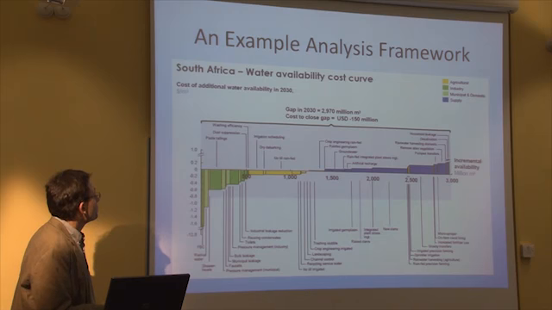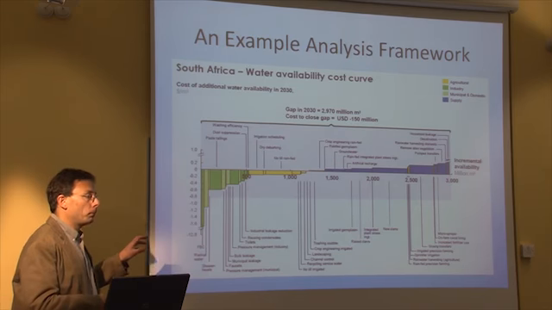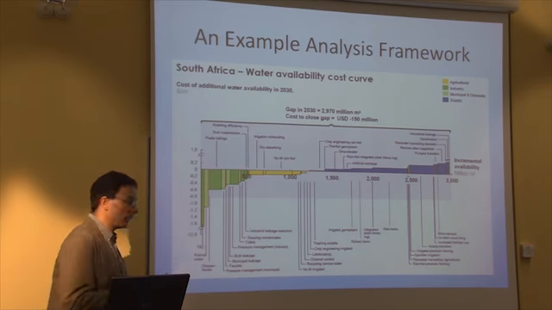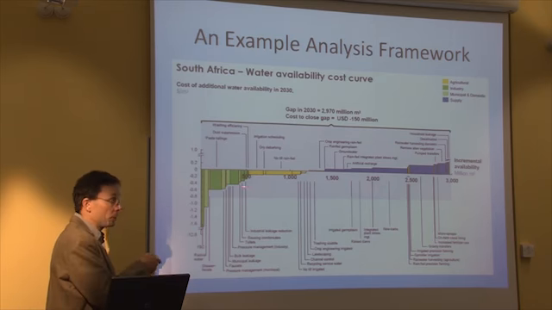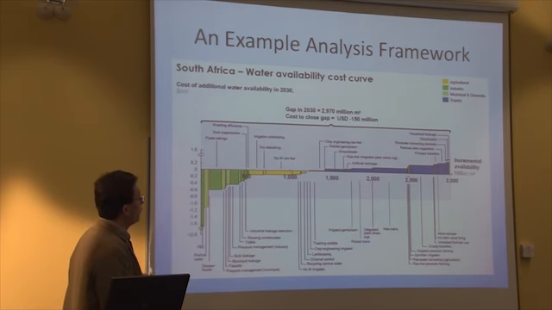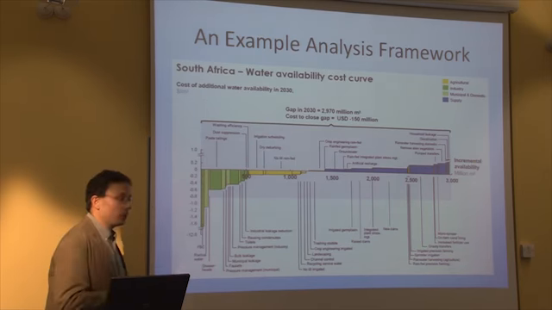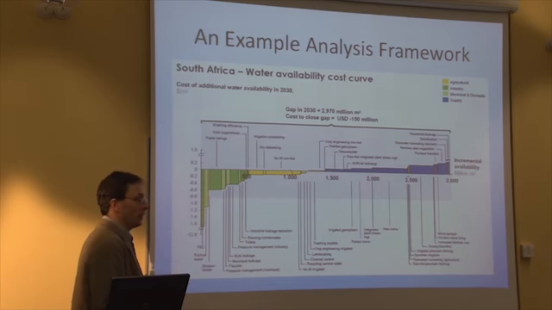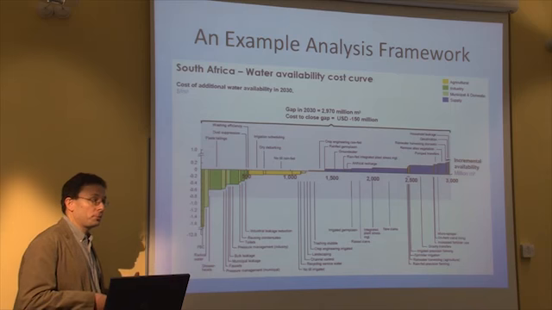Okay, so that's just one example of the way that good information, and not all of this information on here is necessarily good, but if it was good, and a sensible analysis framework, and there are other analysis frameworks that one could use, can actually enable sensible decision making.